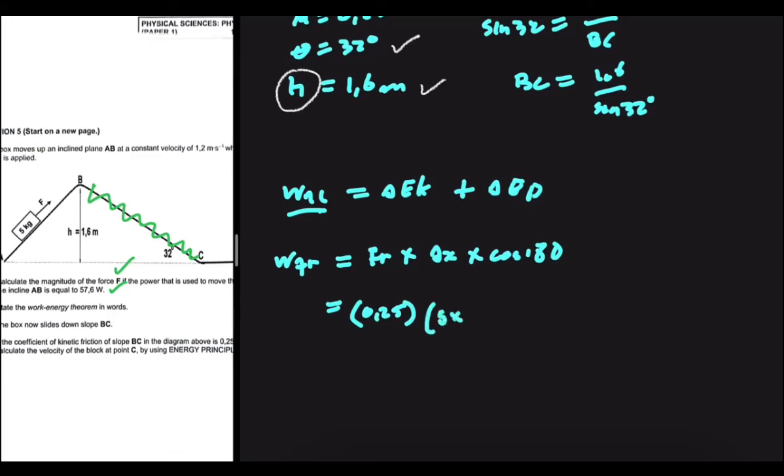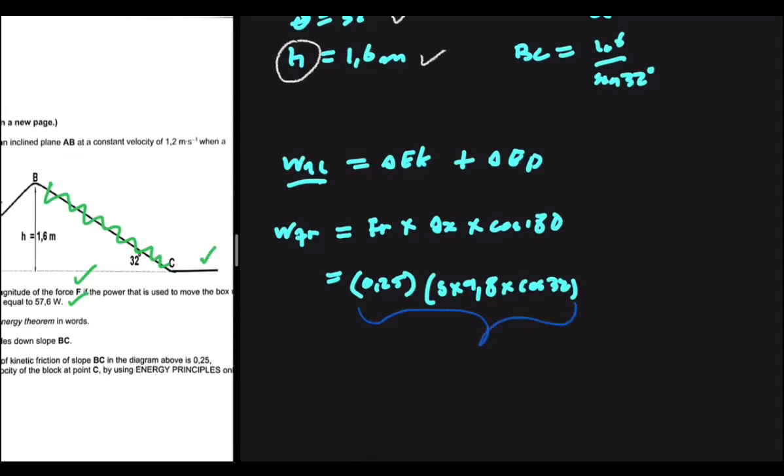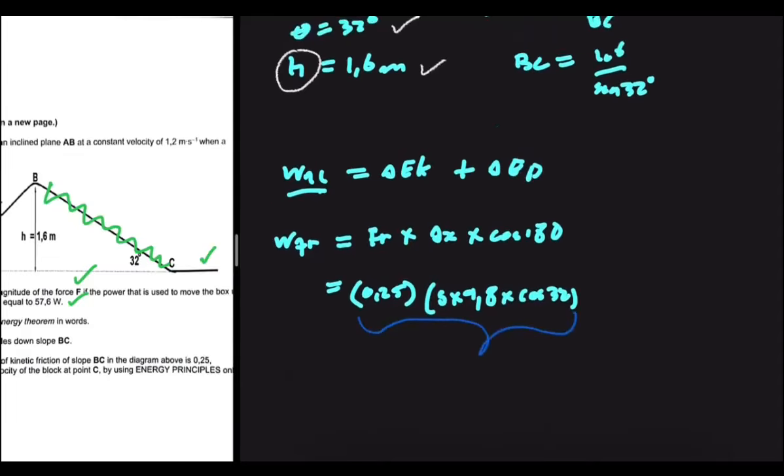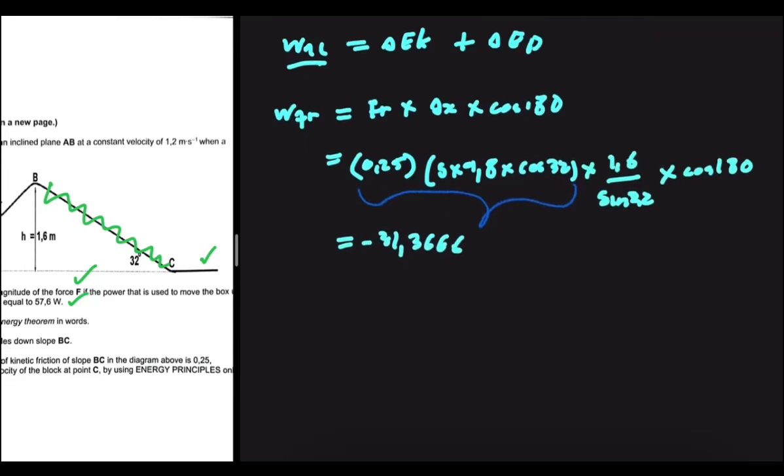So we're going to have 5 multiplied by 9.8 multiplied by cos of theta. Theta is 32. This is just the frictional force. Now we need the delta x. Delta x, as we have calculated above, is 1.6 divided by sine of 32. Then everything multiplied by cos of 180. This will be equal to minus 31.3666. That is the work done by the frictional force.